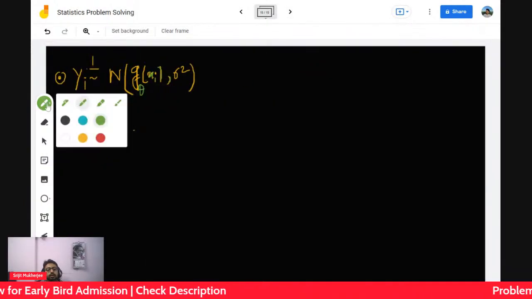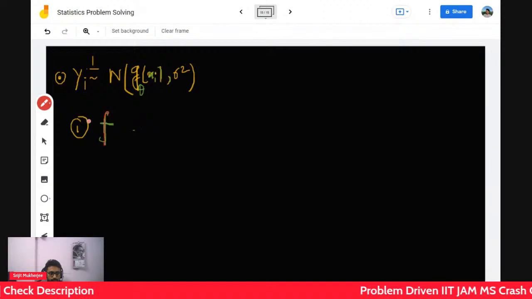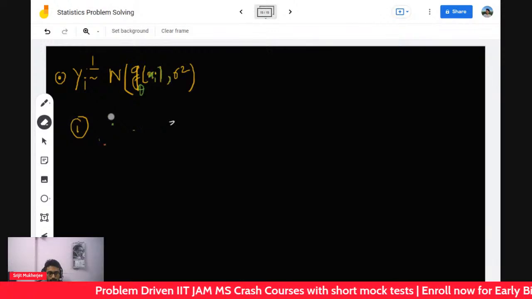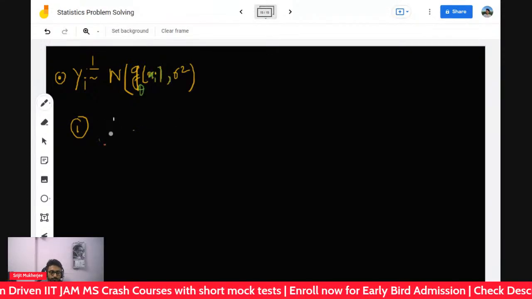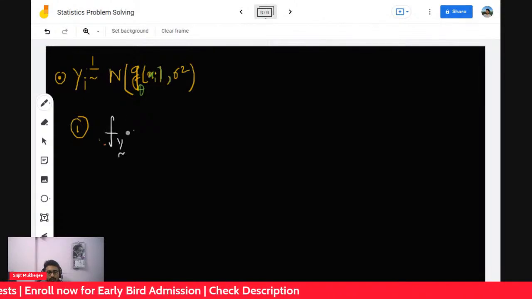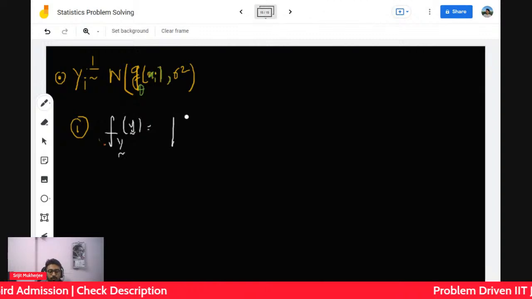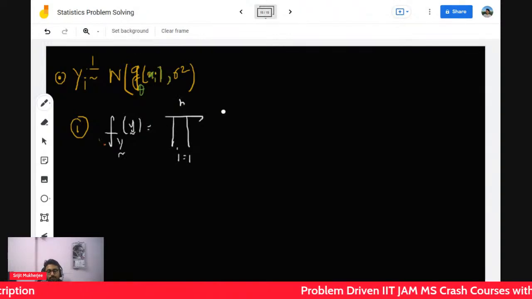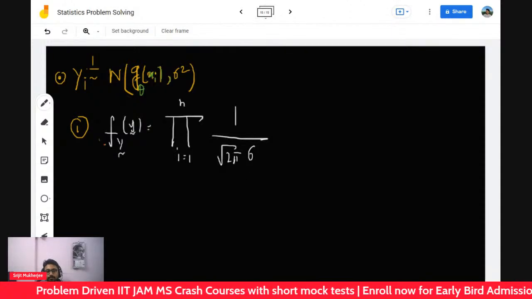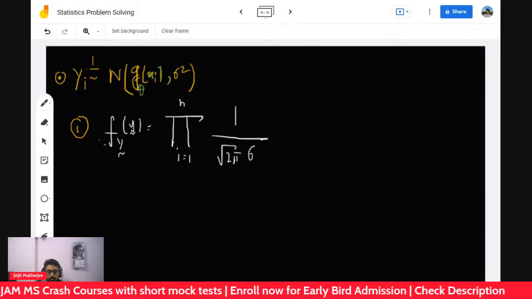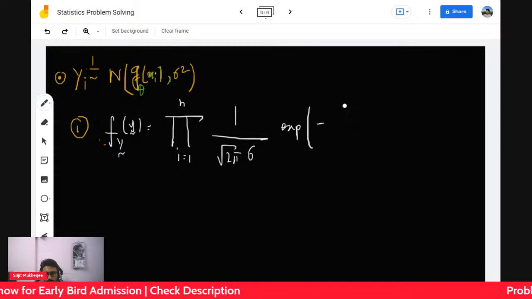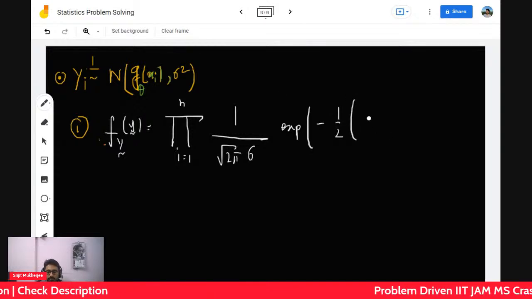And here the joint density will be nothing but f of y, product of i from 1 to n, 1 by root 2 pi sigma, and exponential minus half. So what is the mean over here?